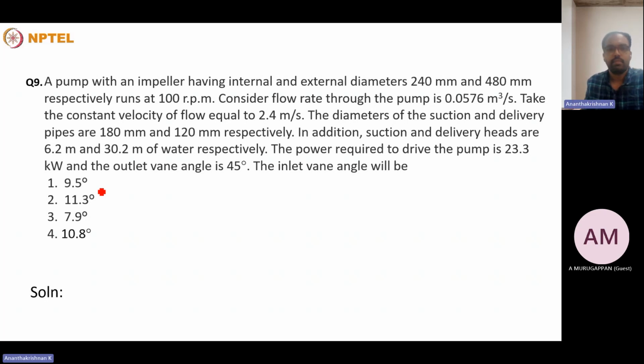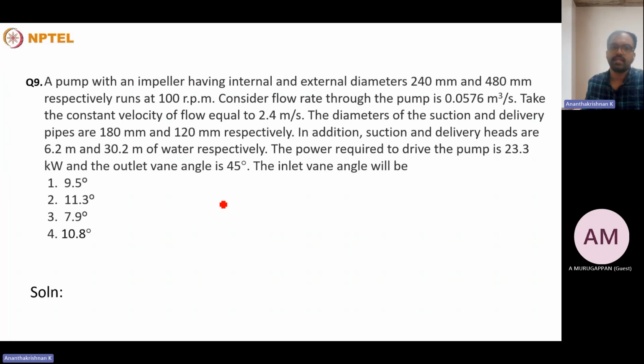The question says a pump with an impeller having internal and external diameters 240 mm and 480 mm respectively runs at 100 rpm. Consider the flow rate through the pump is 0.0576 meter cube per second. Take the constant velocity of flow equal to 2.4 meter per second.